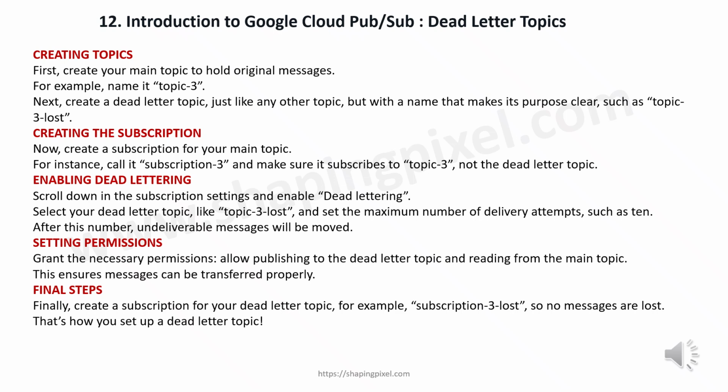Grant the necessary permissions, allowing publishing to the dead letter topic and reading from the main topic. This ensures messages can be transferred properly. Finally, create a subscription for your dead letter topic. For example, Subscription 3-Lost, so no messages are lost. That's how you set up a dead letter topic.